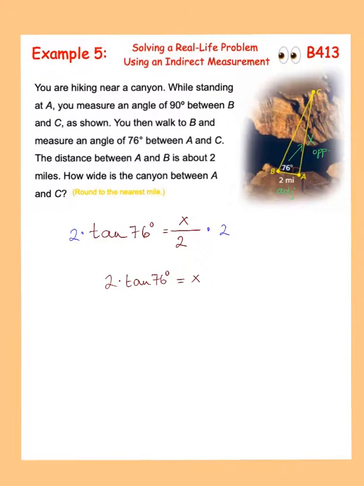Let us punch this in our calculator. So x will be approximately 8.0215. However, we need to round to the nearest mile.